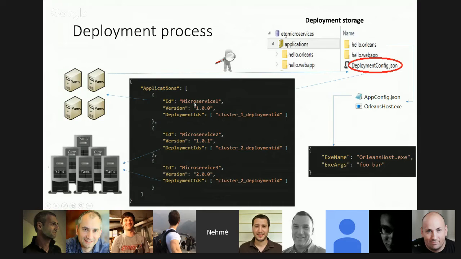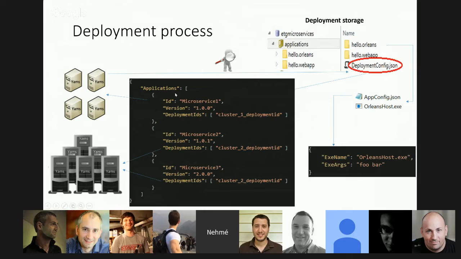So it contains things like the ID of the application, the version, and the cluster where the application should be deployed. YAMS is running on all of those VMs, and each YAMS process is watching that file, and when it sees that something changed in that file, it installs new apps or uninstalls them, depending on what you actually modified.